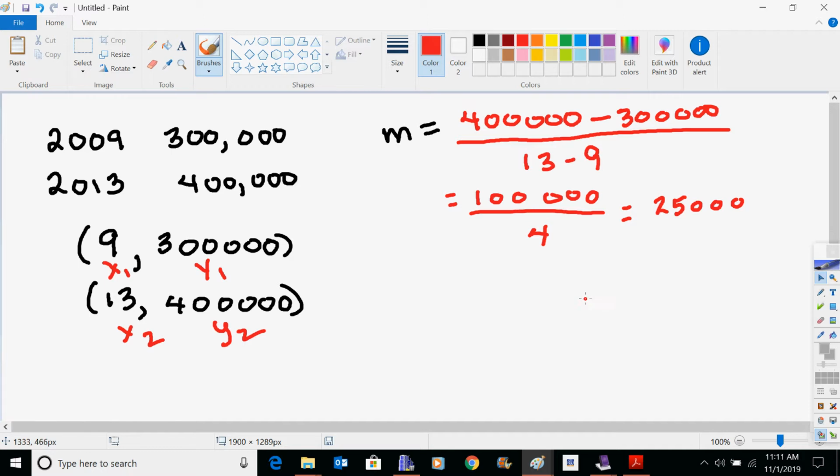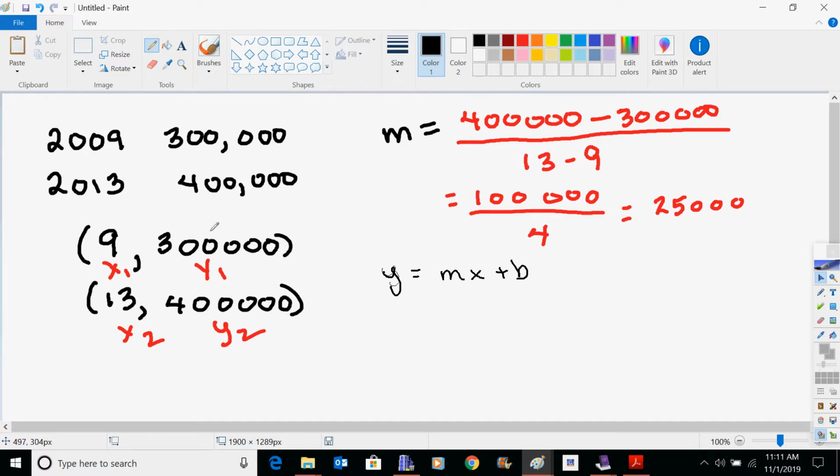But we need to make it into an equation, so we want to think about our mx plus b form. So y equals mx plus b. And we can pick either one of these to be our starting y and x.